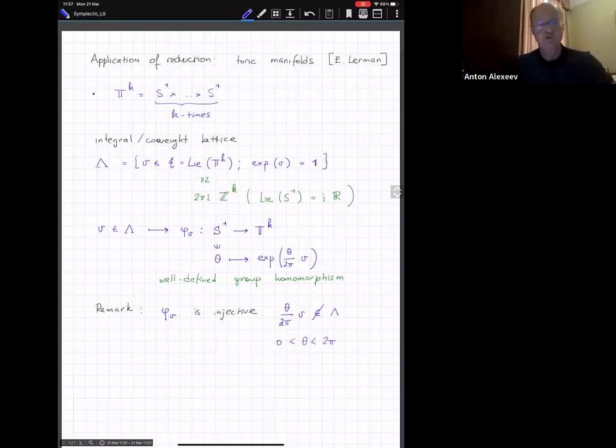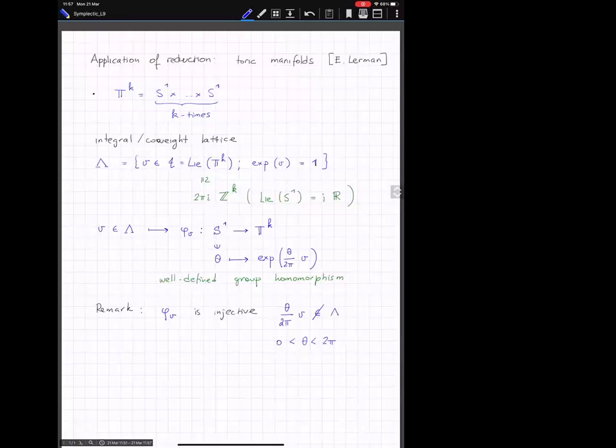So there is no multiple of v with a proportionality coefficient which is between 0 and 1, such that the corresponding vector will be in lambda, right? So that's when the homomorphism phi_v is injective. So we're going to see examples.